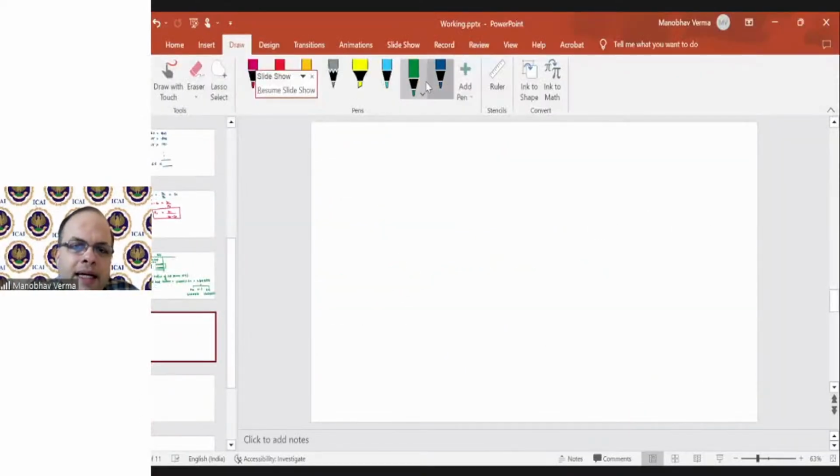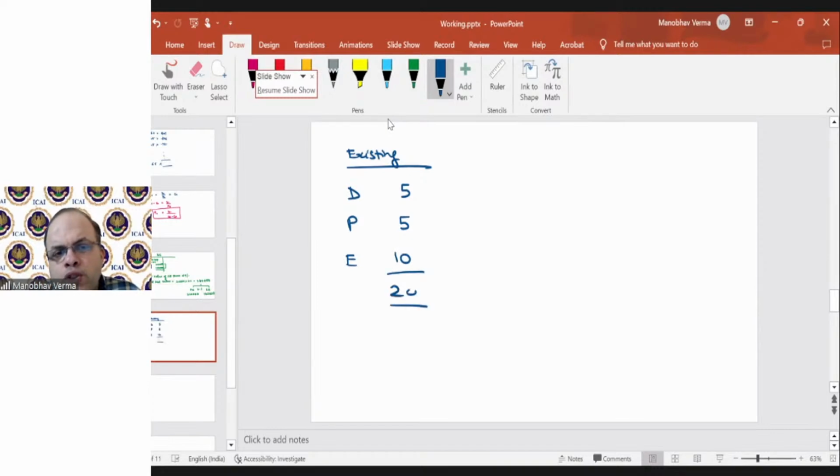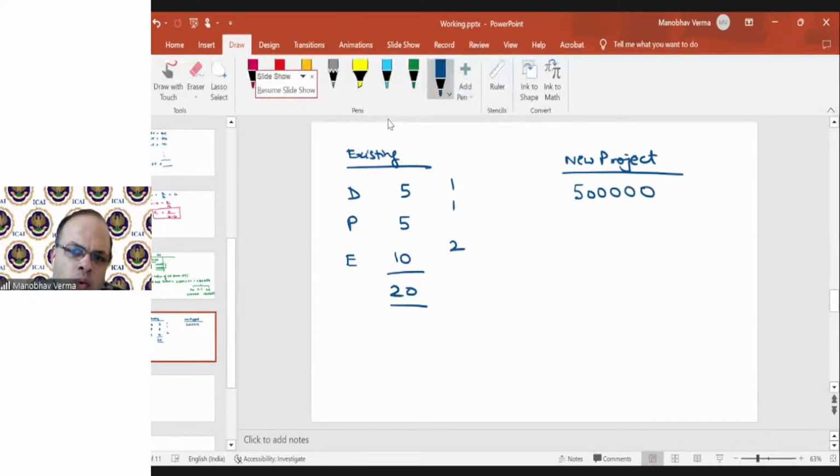Let's say my existing ratio is like this. We have debentures of 5 lakhs, preference shares of 5 lakhs, and equity of 10 lakhs. So my proportion becomes 1:1:2. And let's say the company wants to have a new project in which it wants to invest 5 lakh rupees.